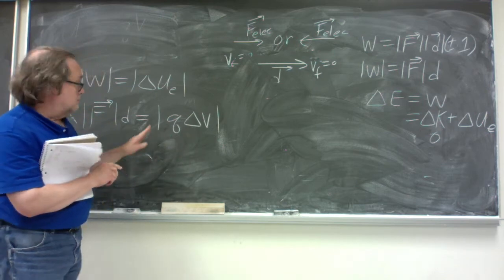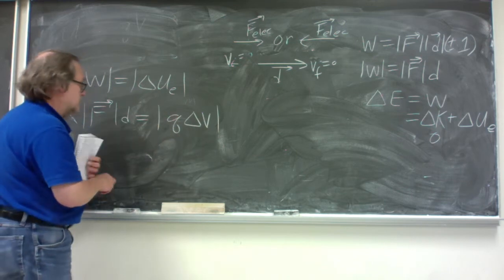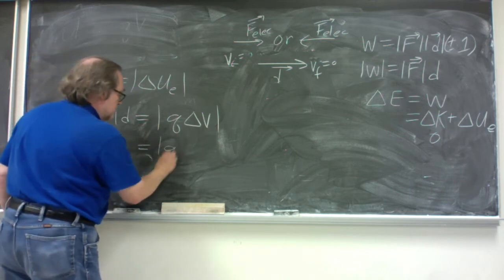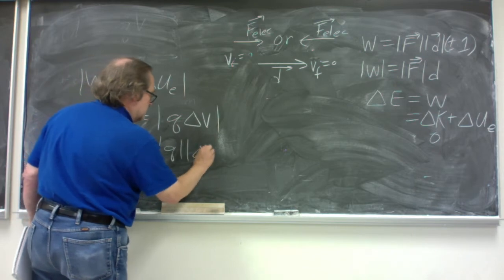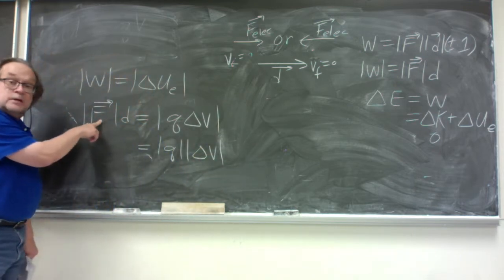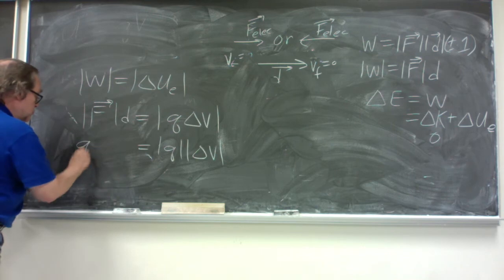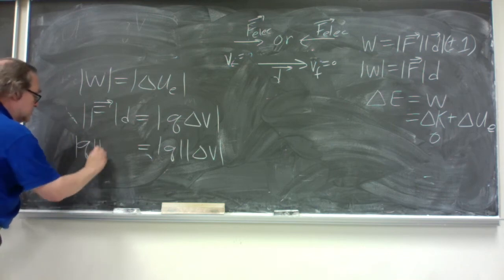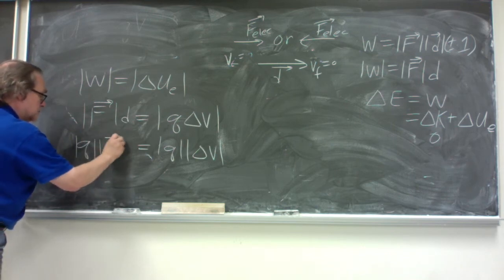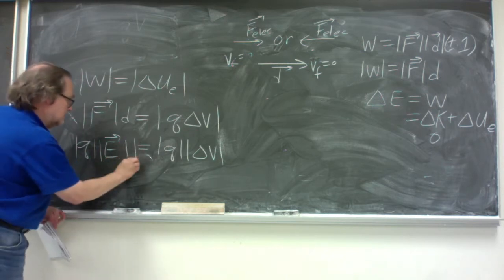Okay, the absolute value or magnitude of this is just magnitude of charge times magnitude of the potential difference. Remember, this is an electric force, so we know that it must be equal to charge times field strength times d.